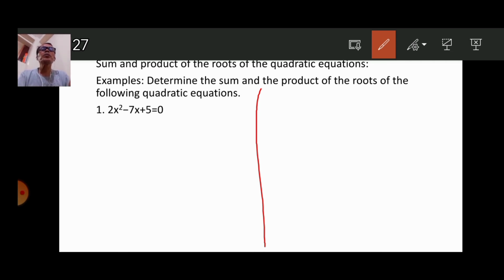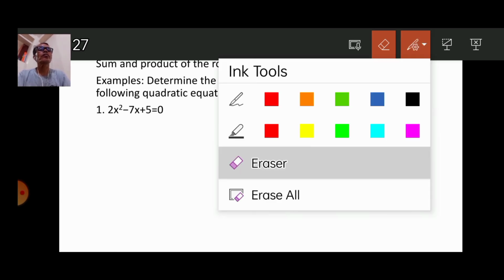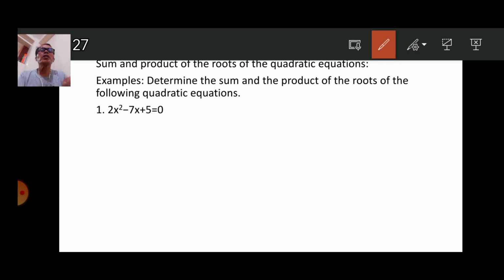Okay, so 2x squared minus 7x plus 5 equals 0. This is factorable.